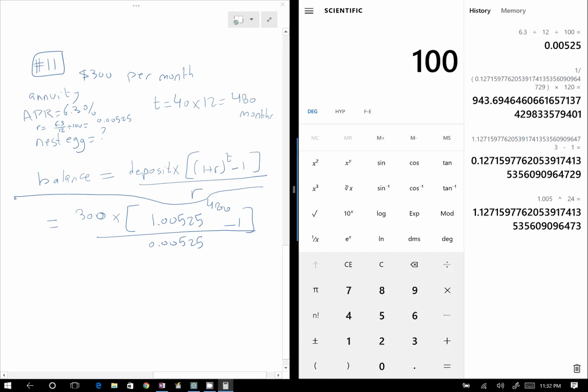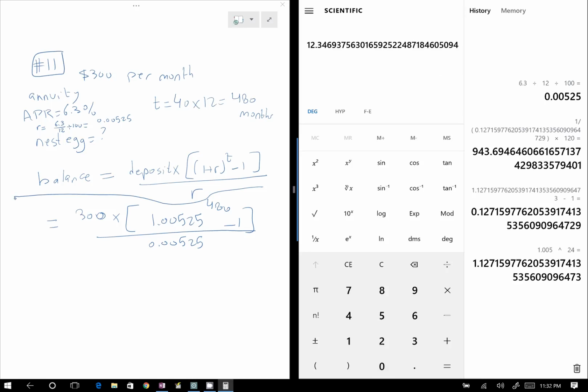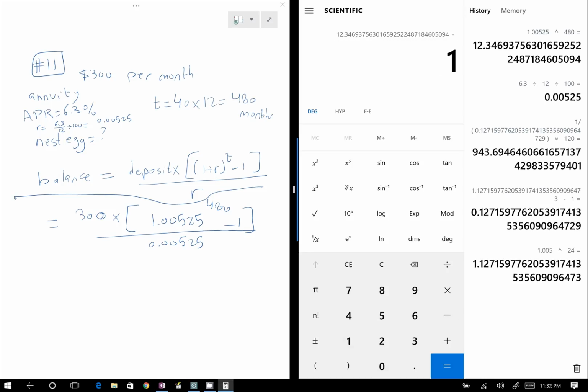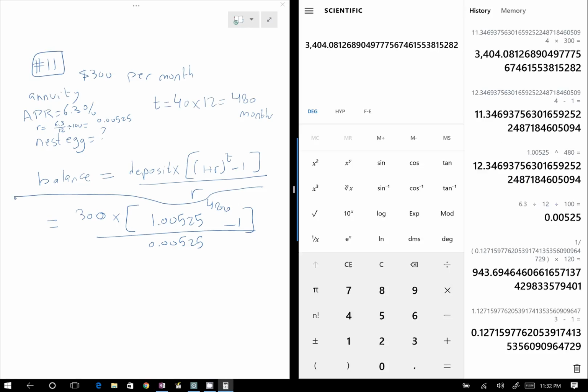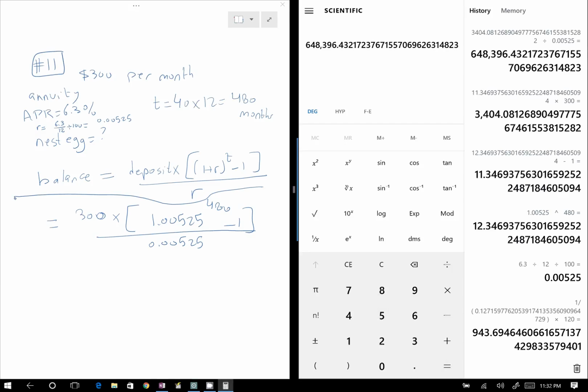1.00525 raised to the power 480 minus 1, multiplied by 300, divided by 0.00525, and the answer is 600,396.4.